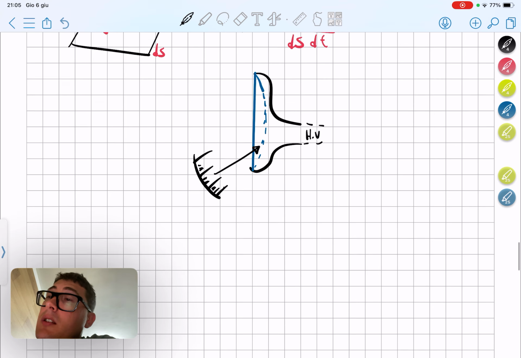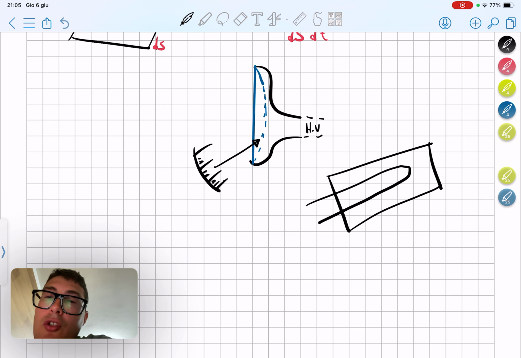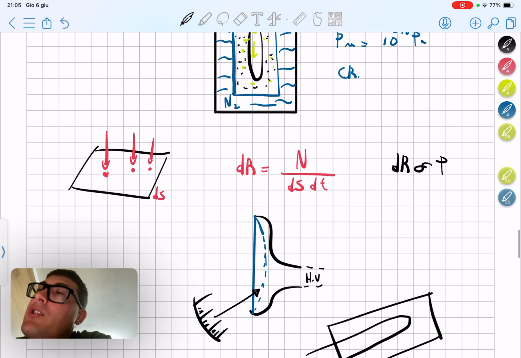Some other methods consider having inside the container a filament which has a known behavior according to the pressure, maybe in terms of thermal conductivity, and by measuring the thermal conductivity difference we can evaluate the pressure inside, again indirectly, and so on. But sometimes knowing the pressure is not all.